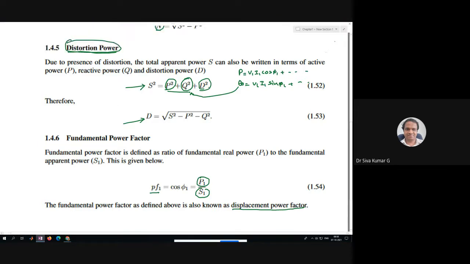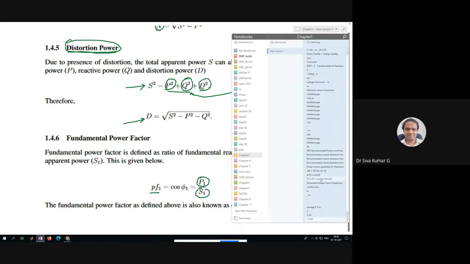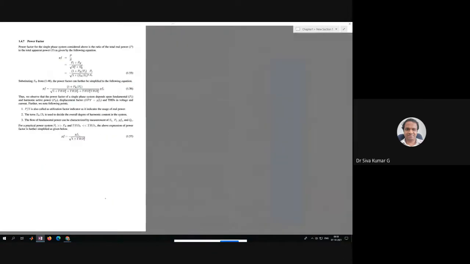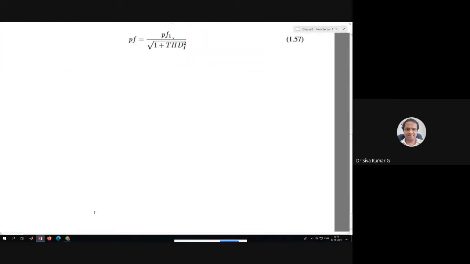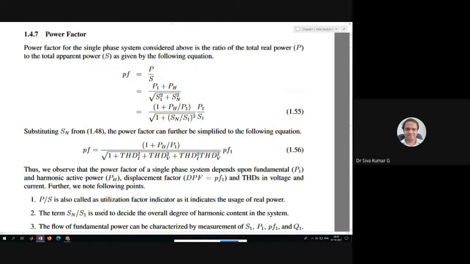Now we try to see the power factor. The power factor is P by S, right? This is the real power or average power by the apparent power.